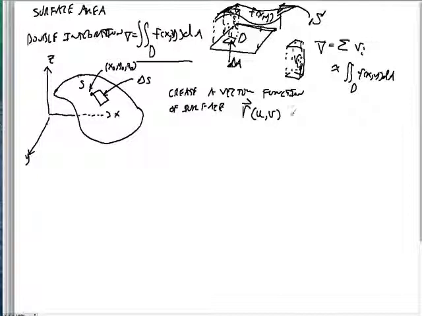We write it like this: i, our unit vector, times x of u comma v, plus j, the y unit vector, times y of u comma v, plus k, the z unit vector, times z of u comma v.